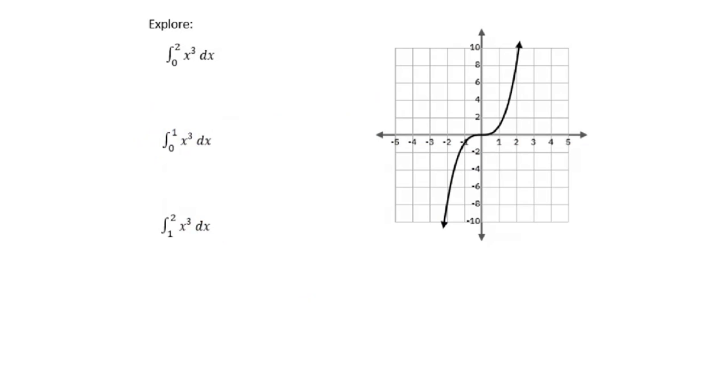Let's explore another property of a definite integral. Think about the integral from 0 to 2 of x to the third power dx. According to the definition of a definite integral, we know this is the curve x to the third power. From 0 to 2, it's from here to here.